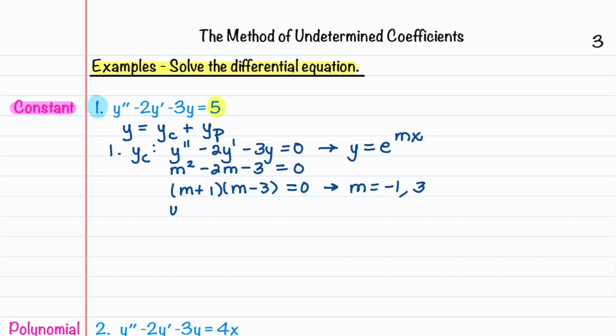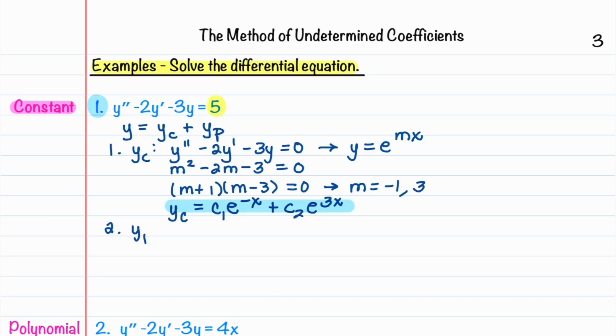We can then write our solution y sub c as c1 e to the minus x plus c2 e to the 3x. Let's go ahead and highlight that because we're going to need that in a minute. For our second step, we are going to find the form for the particular solution.